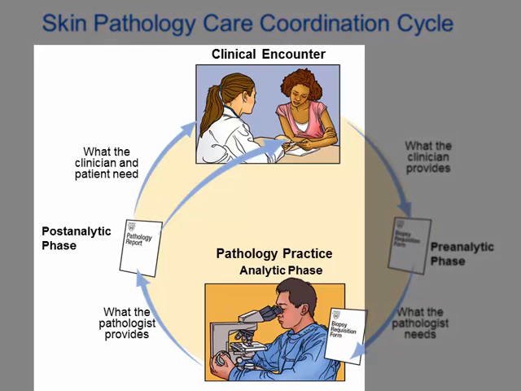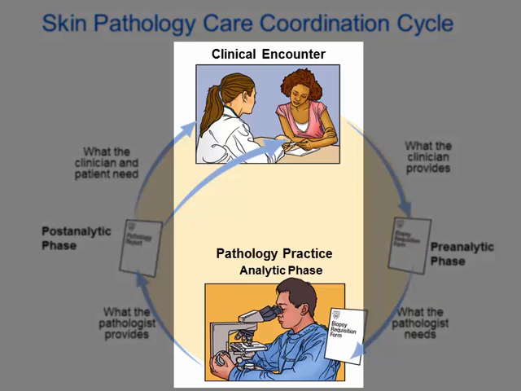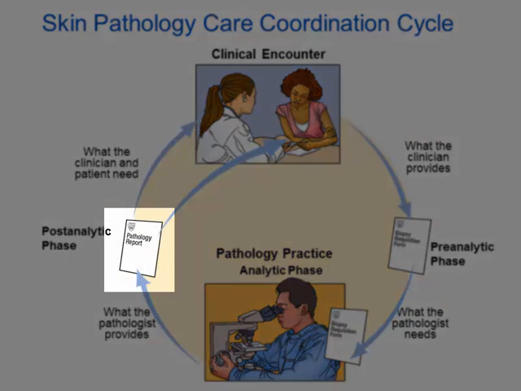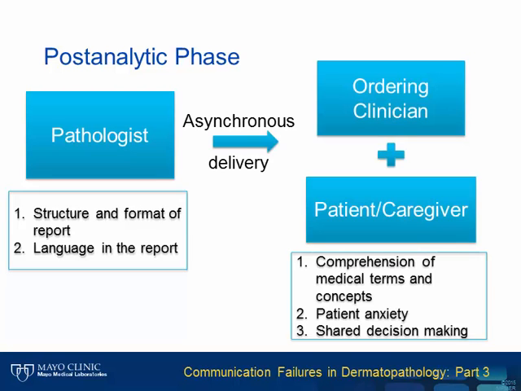The left arm of this closed-loop cycle represents the post-analytic phase, which encompasses bidirectional transfer of the skin biopsy interpretation between the pathologist on the one hand and the clinician and patient or caregiver on the other through the pathology report. The key stakeholders in the post-analytic phase of the cycle include the pathologist, the ordering clinician, and the patient or caregiver.